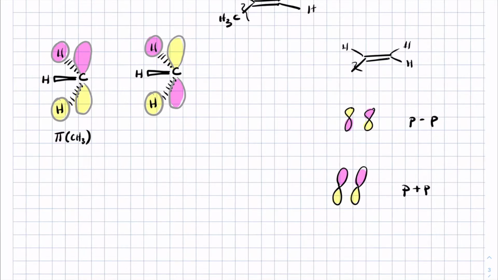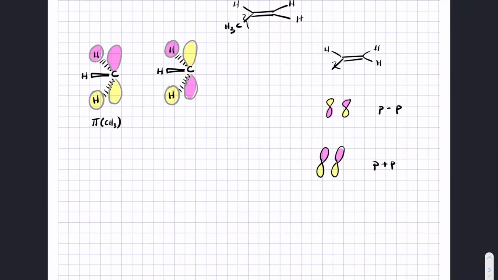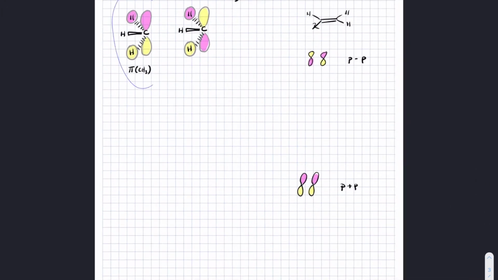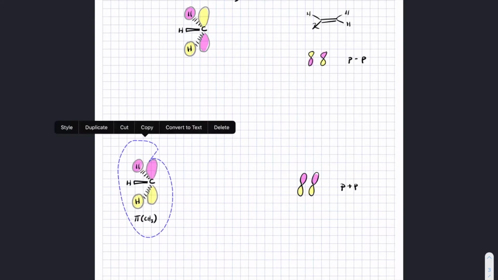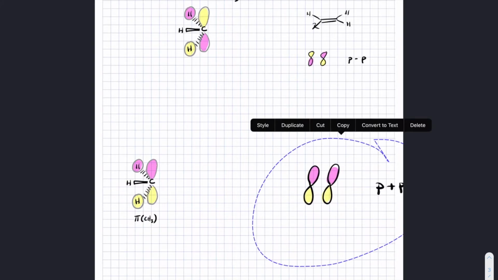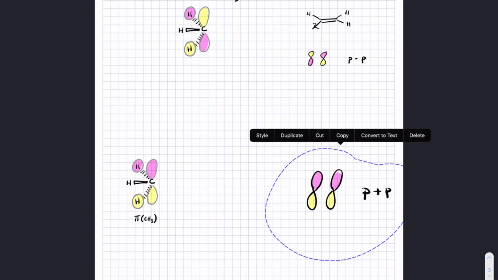All right, so let's just start by remembering that the p plus p orbital is low in energy. It's a bonding orbital, and so is the pi CH3 orbital. The p plus p orbital has carbon-carbon bonding character, whereas the pi CH3 orbital has carbon-hydrogen bonding character.